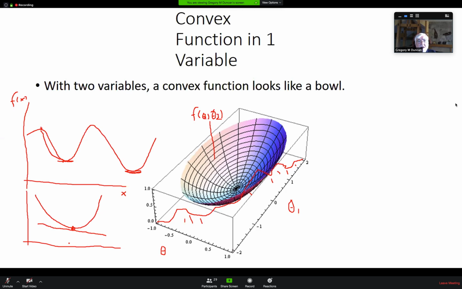Then there are things that are called count data. An example of count data are so-called Poisson models. So how many errors were there in orders at Amazon last week?